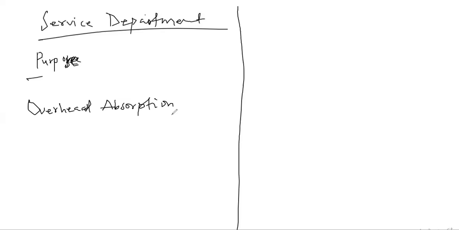So then we have overhead absorption rates. So this one is also the rate, or just like the basis for apportionment. The rate that we use to absorb the overheads. With this one, it depends on the company. To absorb overhead into the production cost, there are a number of approaches or methods to be adopted. Generally, there are six bases for overhead absorption.